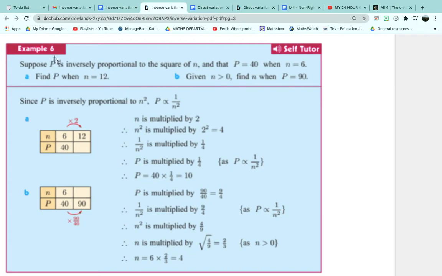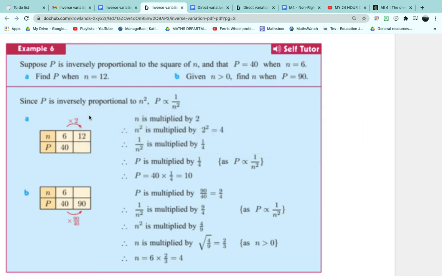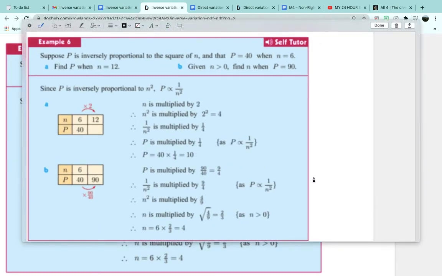The next thing I would do is it says that P is inversely proportional to the square of n. So the proportionality P is proportional to 1 over n squared is true. That's what we know is true. We also know that when we remove the proportionality symbol, we can insert the k and the equal sign. Let's do that. We're going to substitute our specifics into our equation.